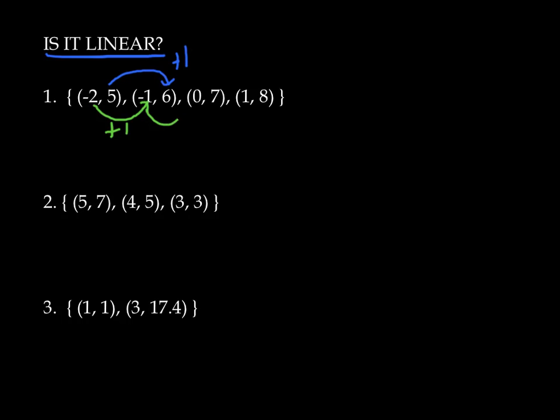If I add another 1 to my x value, my y value again goes up 1. And so on and so forth. If you looked at all of the points, you see that every time you add 1 to your x value, you get 1 to your y value. So we can conclude that the answer is yes, this is linear. The rate of change remains the same. Why don't you try the other two? So go ahead and pause now.